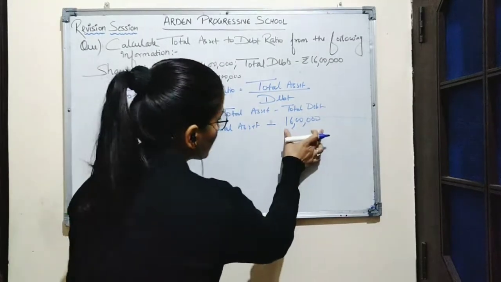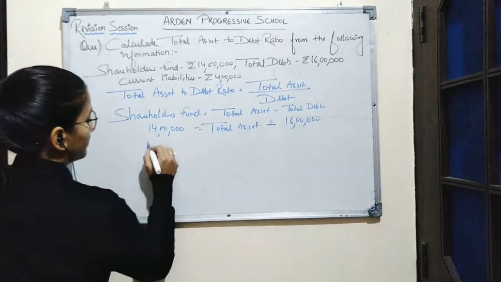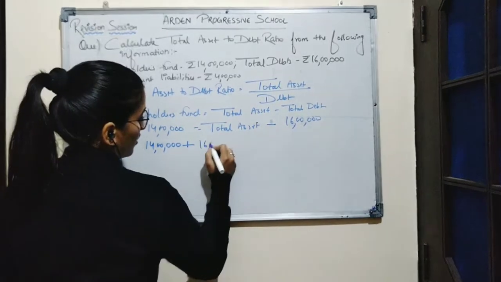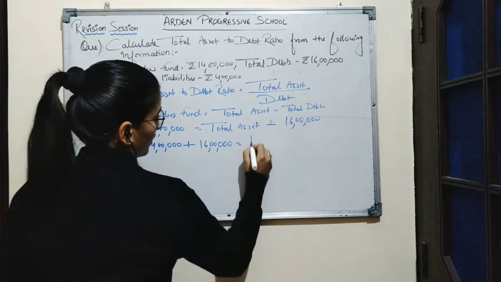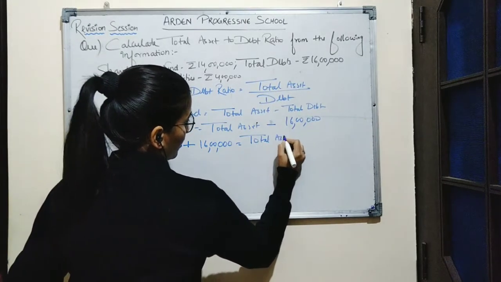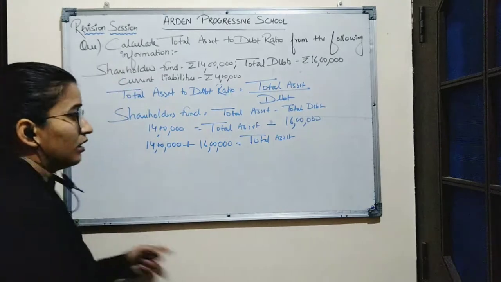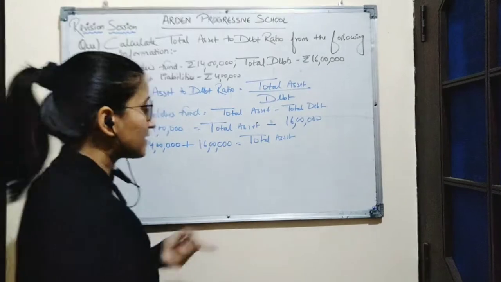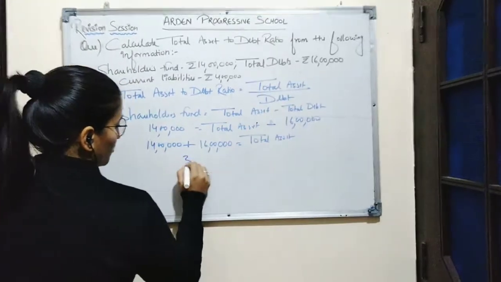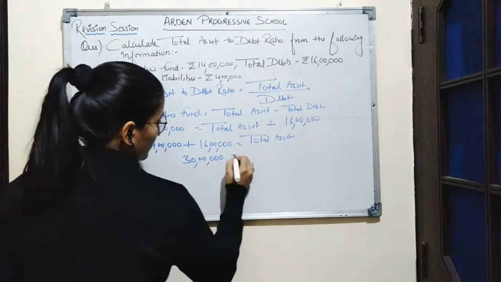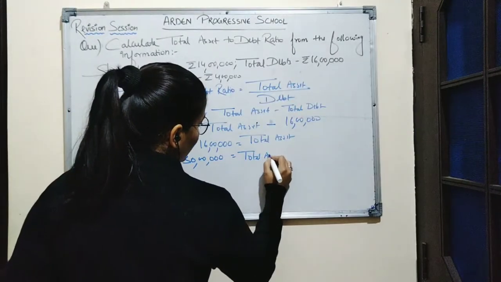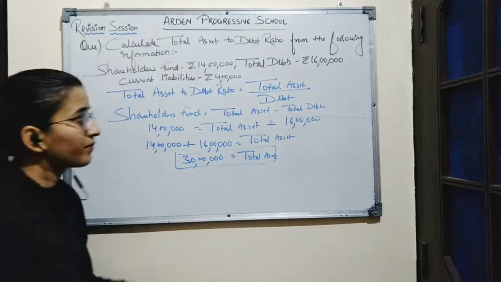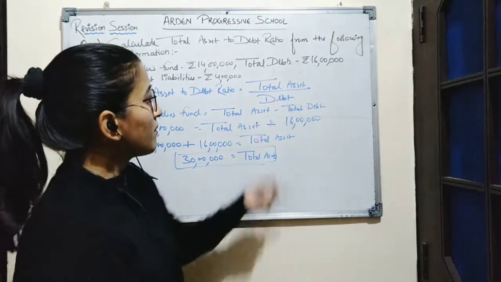So now we will shift this amount to the left hand side. Now total asset will be calculated by adding 14 lakh plus 16 lakh, which is rupees 30 lakhs. Amount of total asset is rupees 30 lakhs.